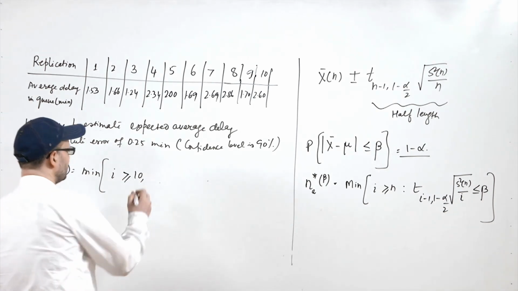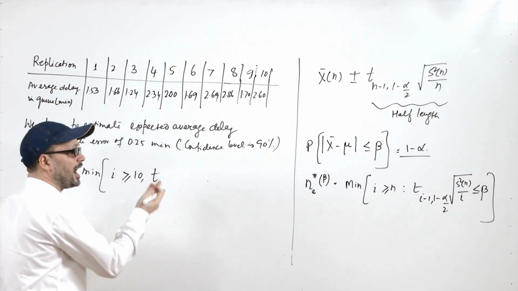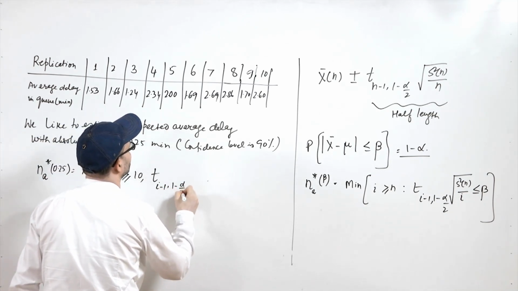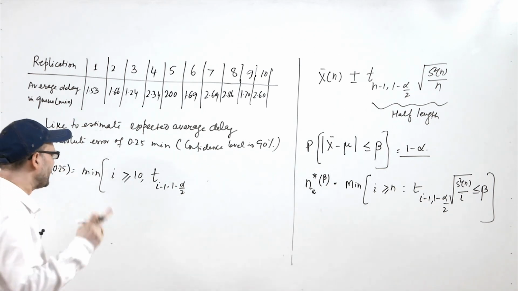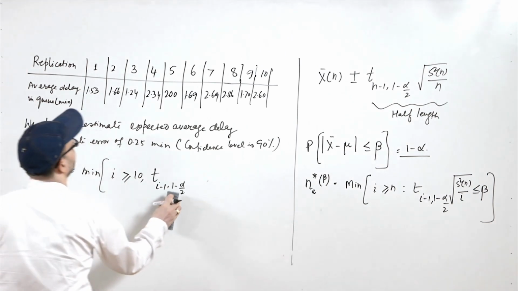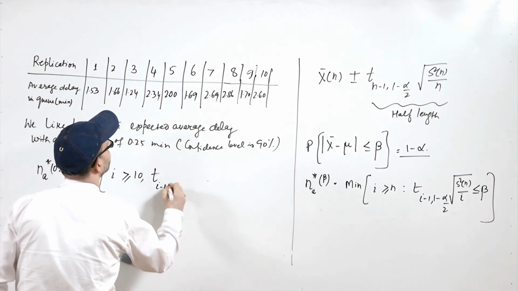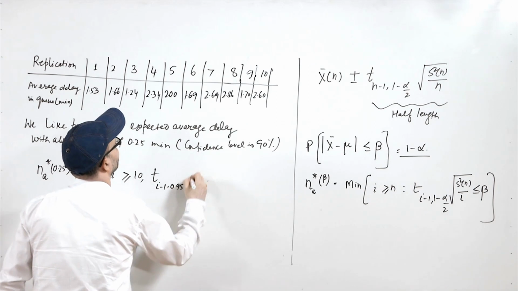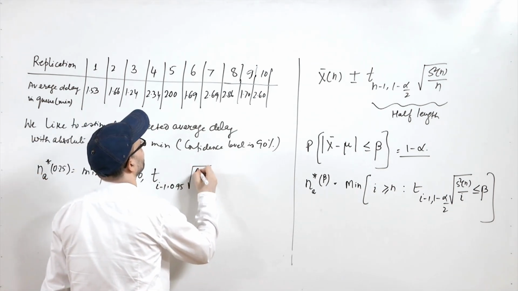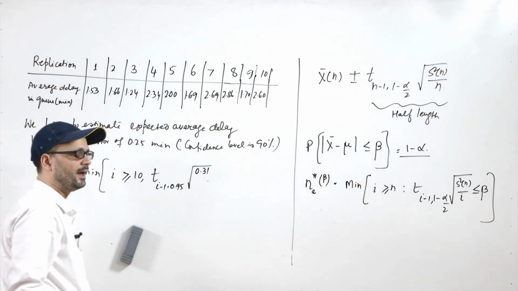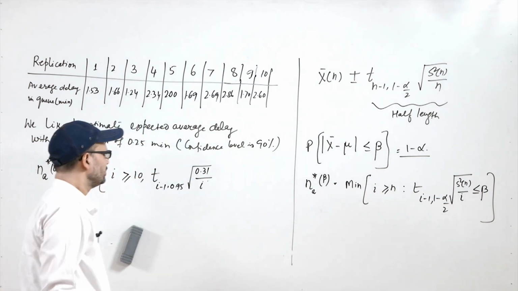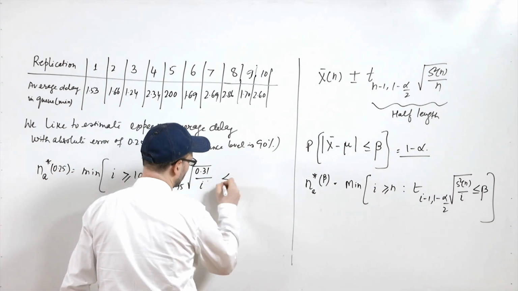Now, once we change the I, it will be t of I minus 1, 1 minus alpha by 2, and for 90% this 1 minus alpha by 2 is 0.95. So, you write it as 0.95, and then you have the square root of s square n by I. We are taking s square n as fixed, so it is 0.31, and then I will be changing. Now, that should be less than or equal to 0.25.